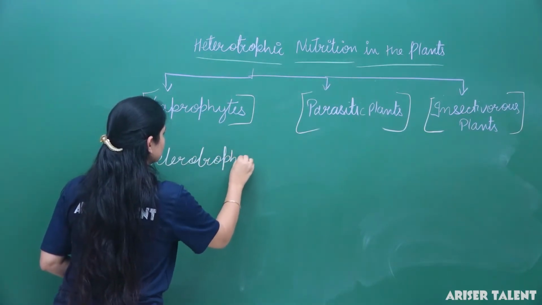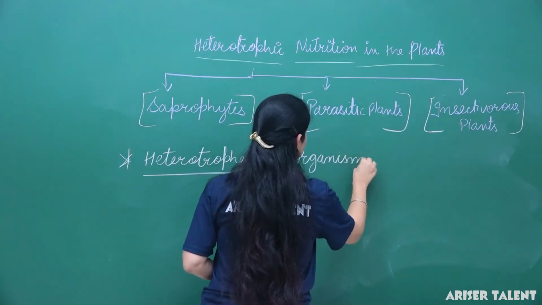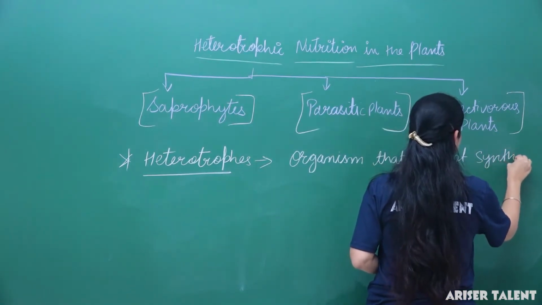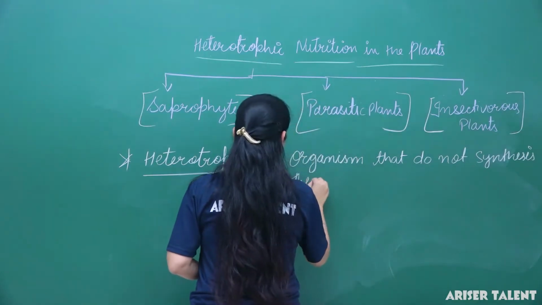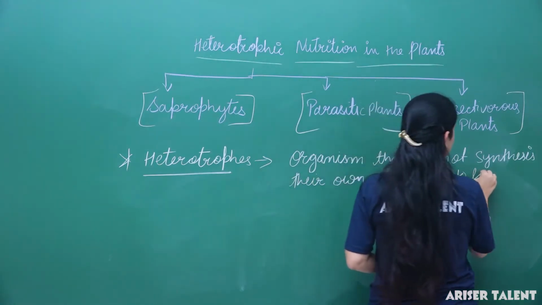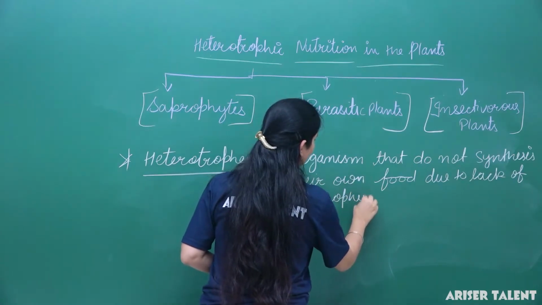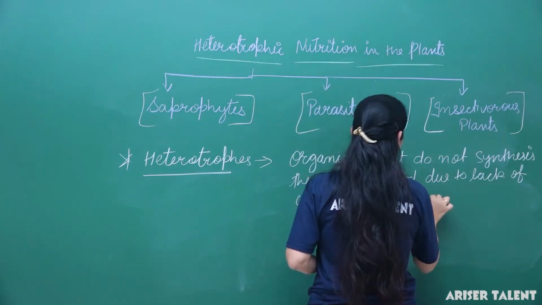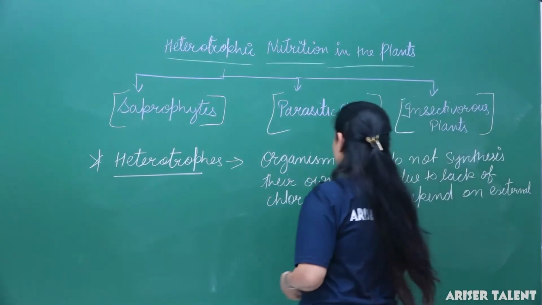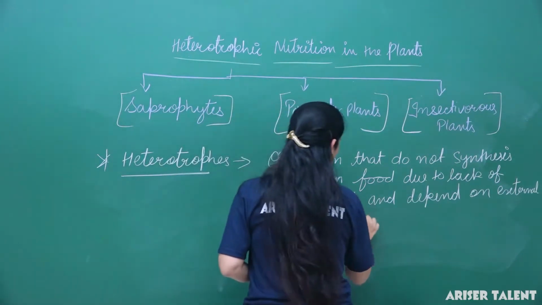Heterotrophs: organisms that do not synthesize their own food due to lack of chlorophyll, and depend on external sources for their food.